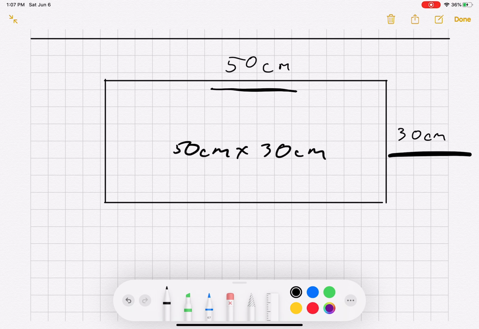And this is an open array. This is something that you have seen. I know you've seen because we did this in class. Okay, so I have 50 centimeters by 30 centimeters. 5 times 3 is 15, and then I add the zeros, and I add my centimeters, and I add the square to account for the square centimeters that we're using to measure this.